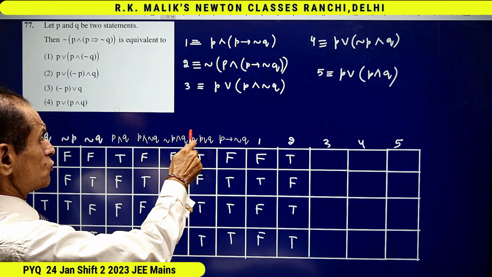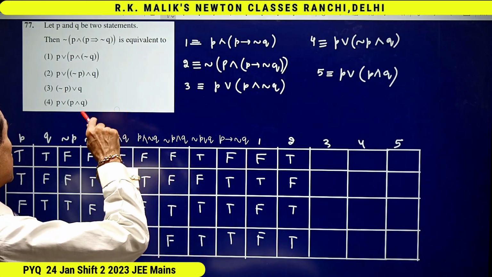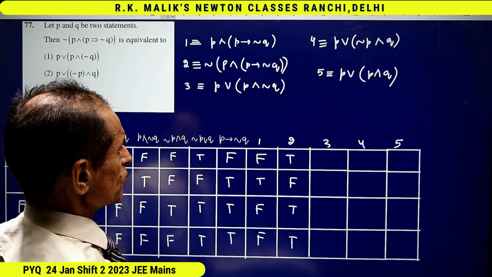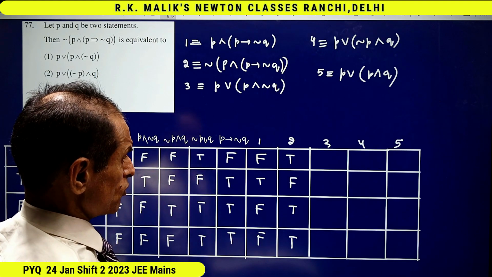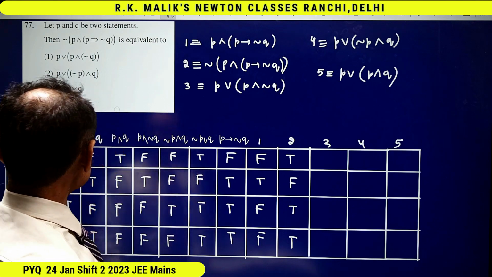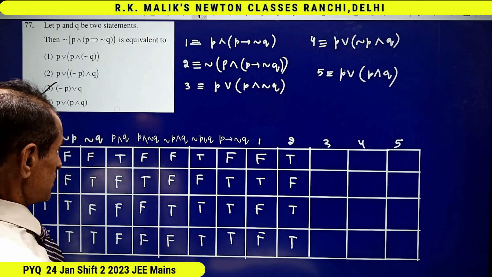You can see truth table of this and this are matching, hence I can say third choice is the correct choice. Still, for making your concept more strong, I'm completing the table, otherwise we have got the answer that third choice is the correct choice.